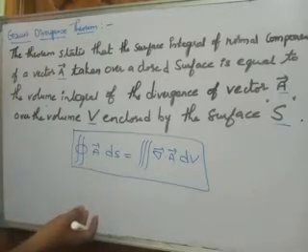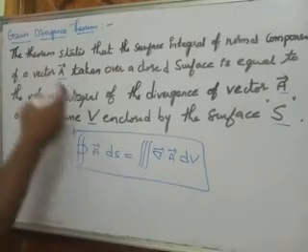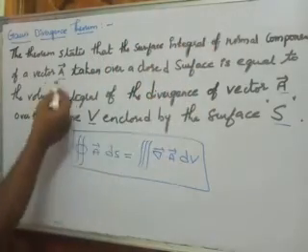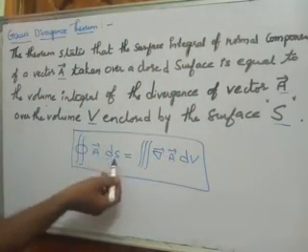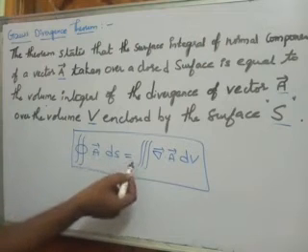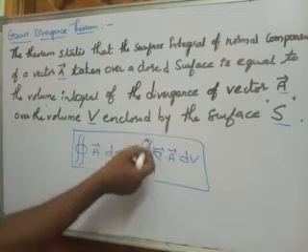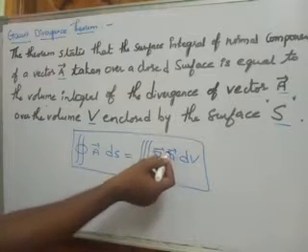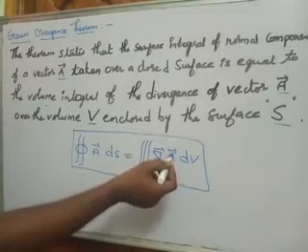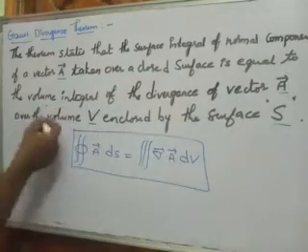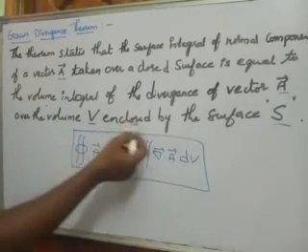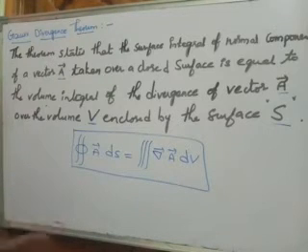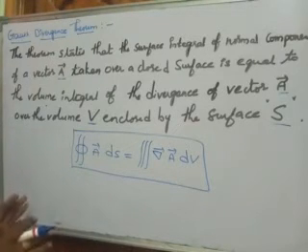The theorem states that the surface integral of the normal component of a vector A bar taken over a closed surface is equal to the volume integral of the divergence of vector A bar over the volume V enclosed by the surface S.